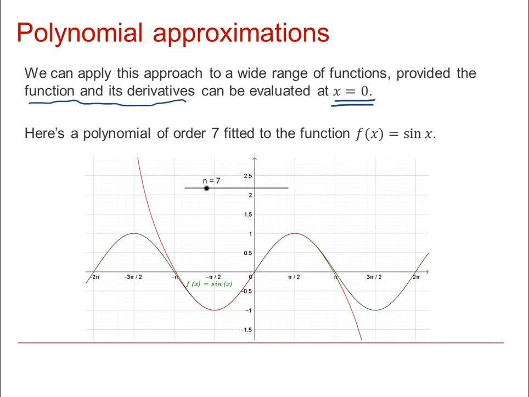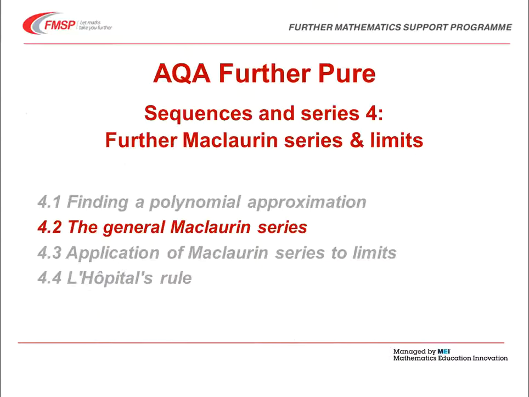And you can see that this polynomial here, which is of x to the power 7, is a very close approximation to sine x close to x equal to 0. In fact, it's very close in the range from negative pi up to pi. Well, in the next video we'll be looking at Maclaurin's series, which is really just a generalized approach of what we've just been looking at.